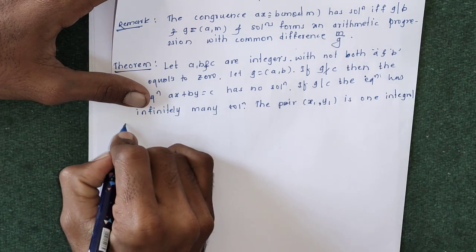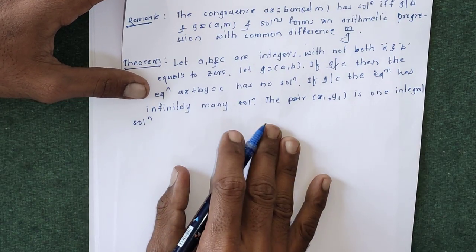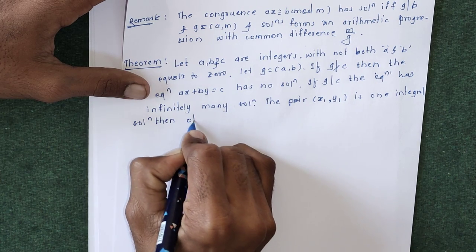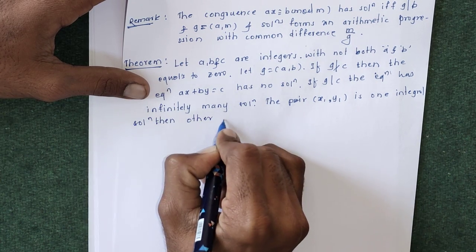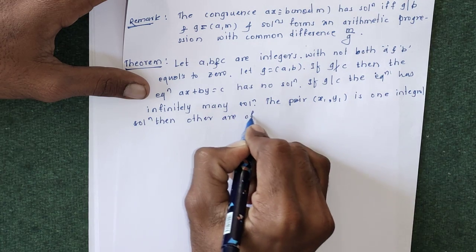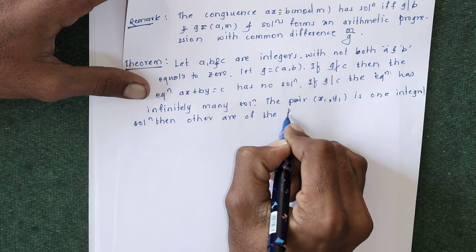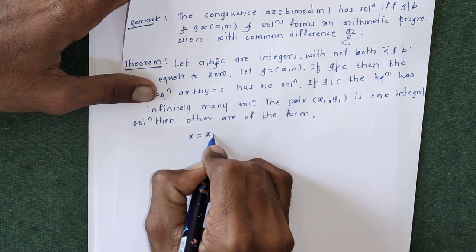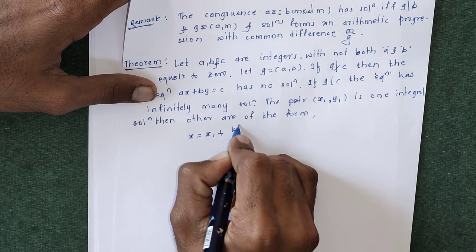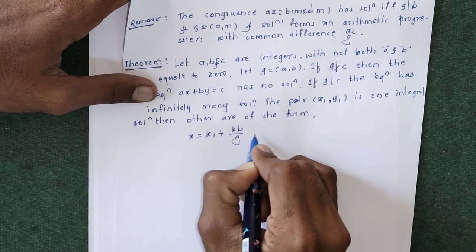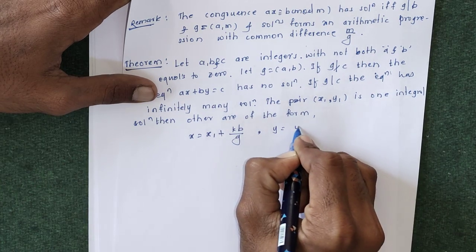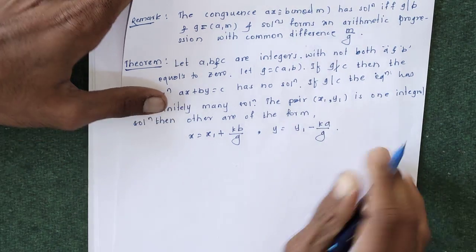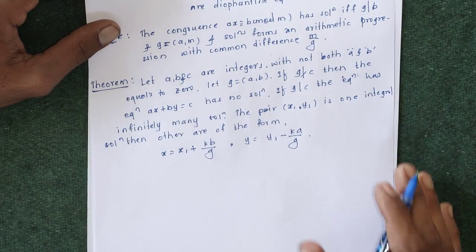Then the other solutions are of the form x is equal to x1 plus kb upon g, and y is equal to y1 minus ka upon g. So this is the statement of the theorem.